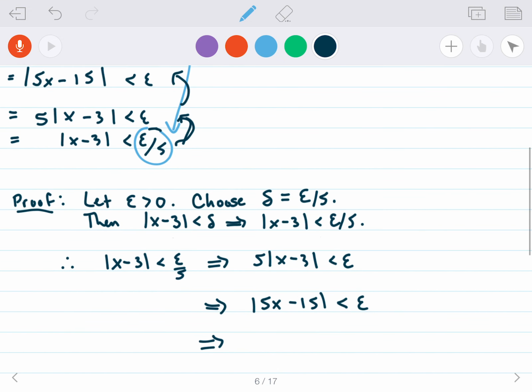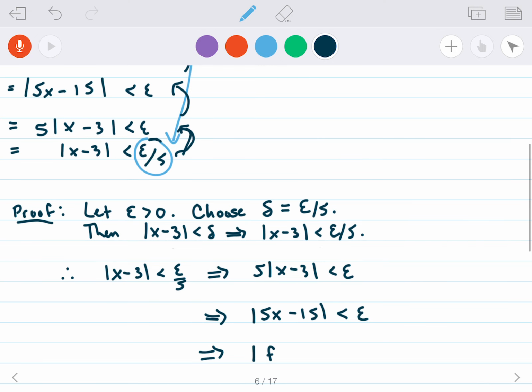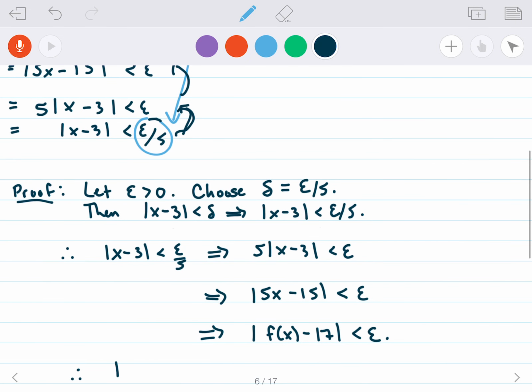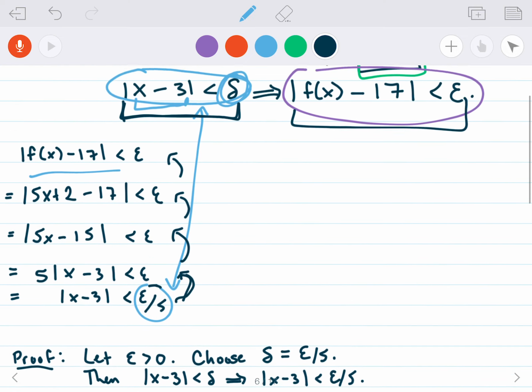And then, skipping the second step and going to the first, |f(x) - 17| < epsilon. And therefore, the limit as x approaches 3 of, what is it?